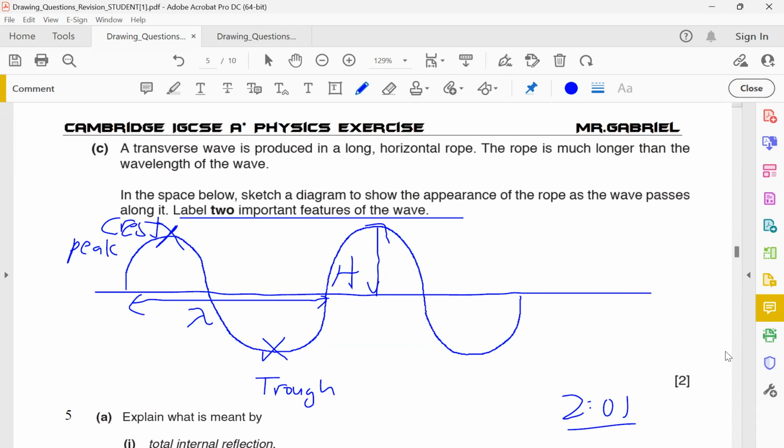Very good. Something went wrong, right? Somewhere. Yeah, that's more like it, right?